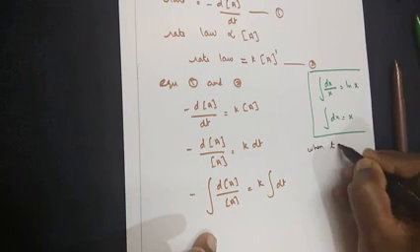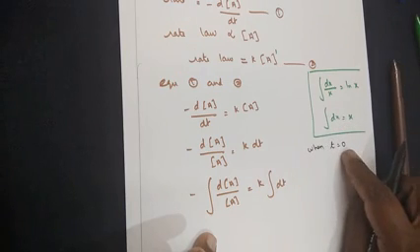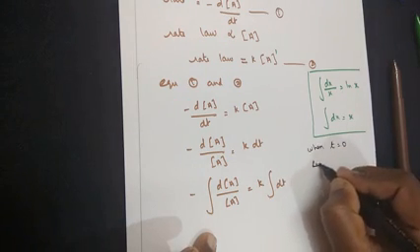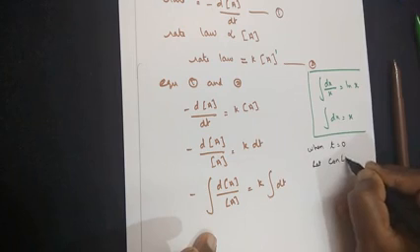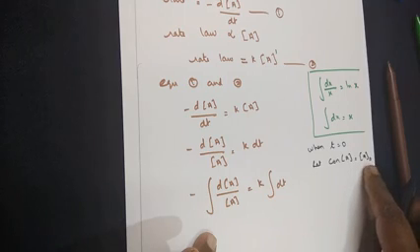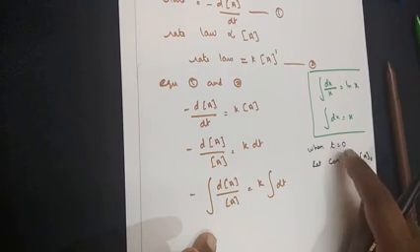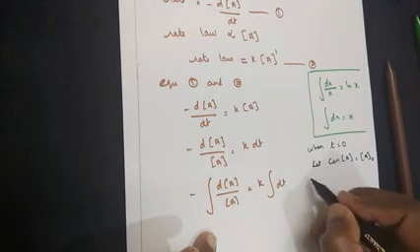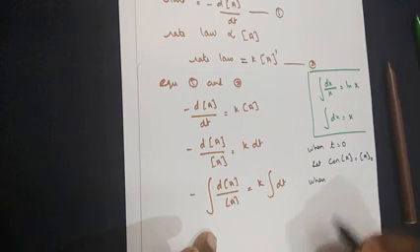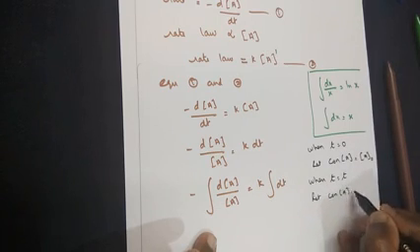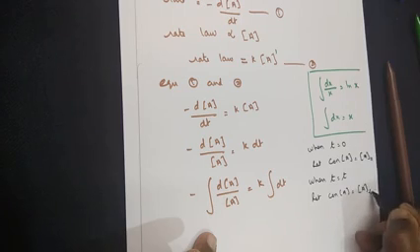When T is equal to 0, meaning at the beginning of the reaction, let the concentration of A be equal to A naught. A naught stands for initial concentration. T is equal to 0 stands for initial time. Similarly, after some time, when T is equal to T, let the concentration of A be equal to At.